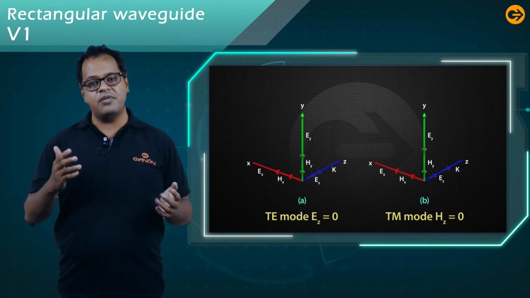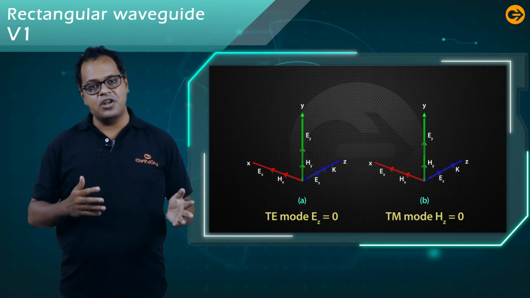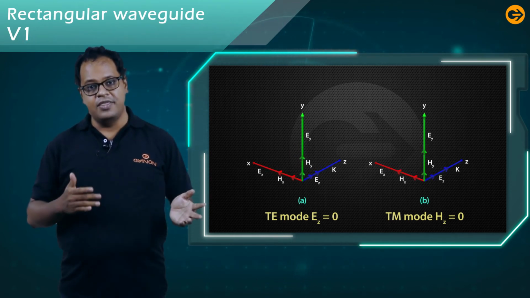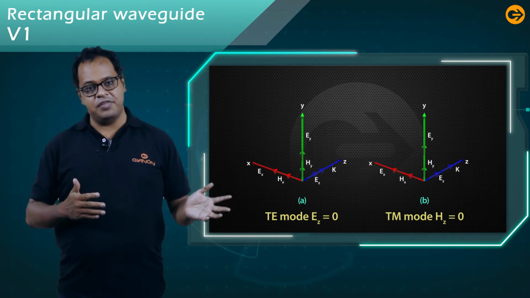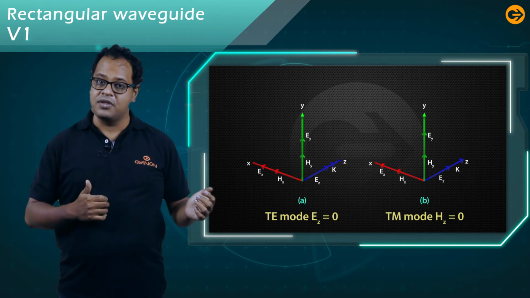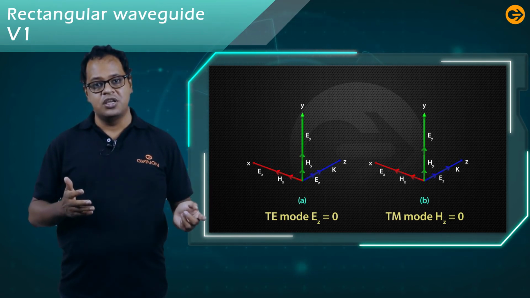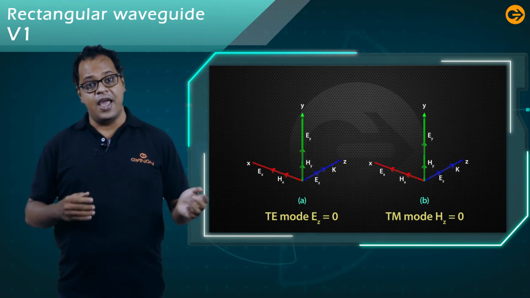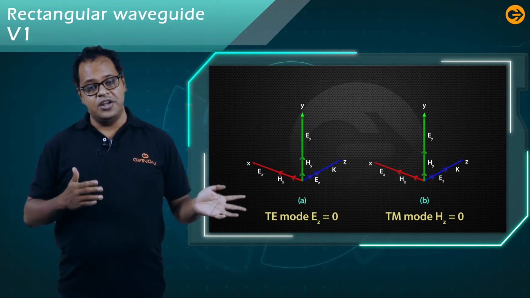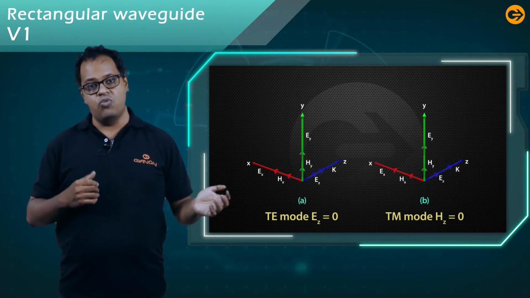In the case of transverse magnetic, there is no magnetic field along the direction of propagation. The magnetic field is in the direction of the x-axis and along the y-axis. As the wave is propagating along the z direction, there is no component of magnetic field along the z direction. It is the transverse magnetic or TM mode.